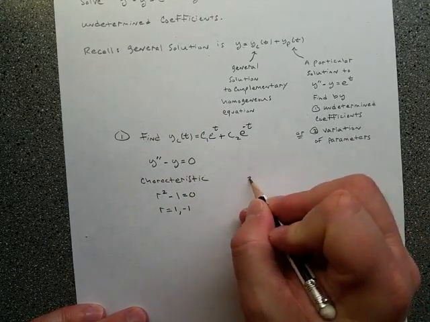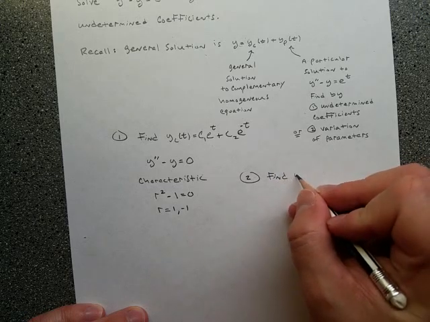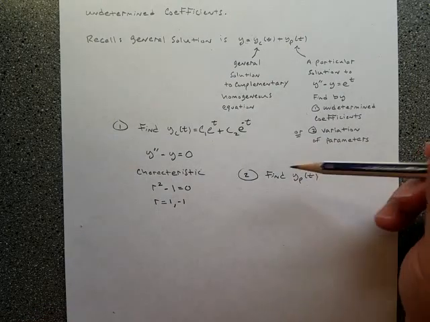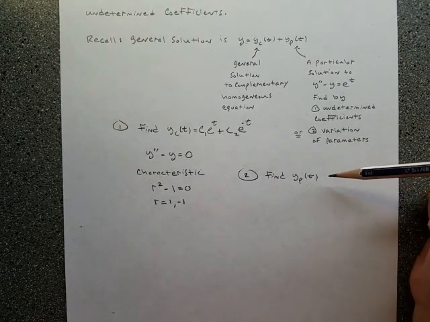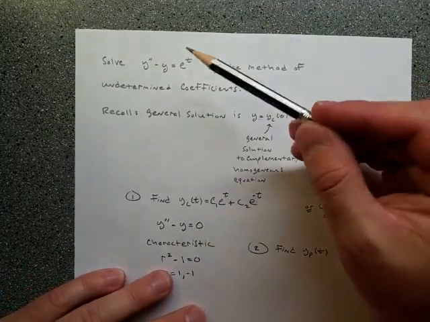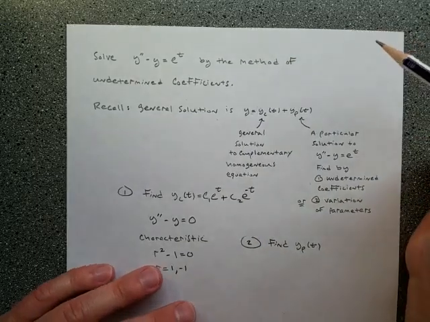Now for the second part about finding y sub p, here's how we do that. We assume that this takes a certain form, all based on this original non-homogeneous element of our problem.